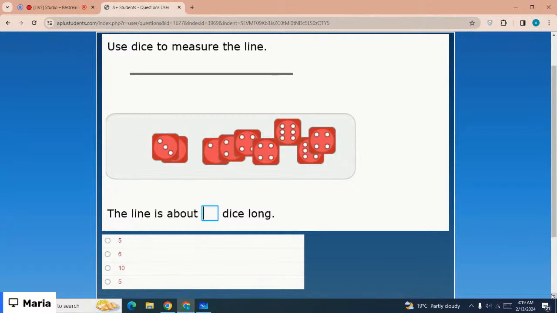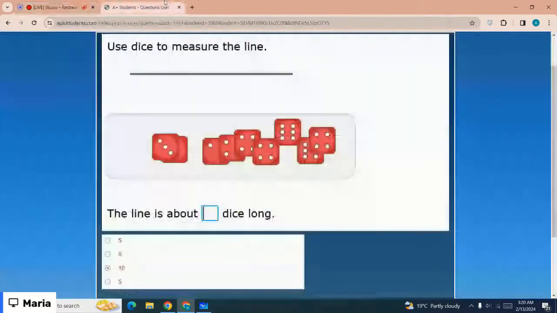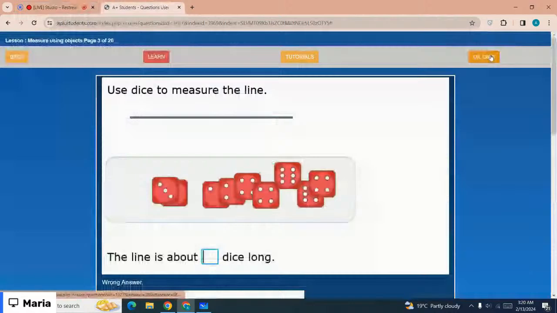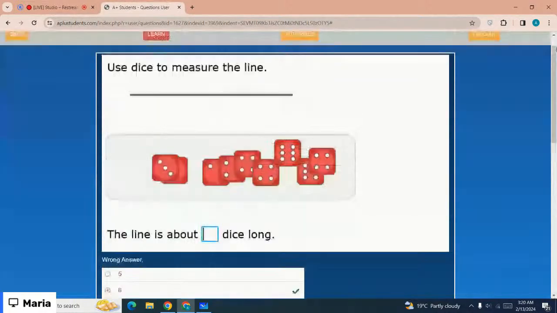So the line is 10 dice long, right? The correct option is 10. Oh, just six dice long, right?